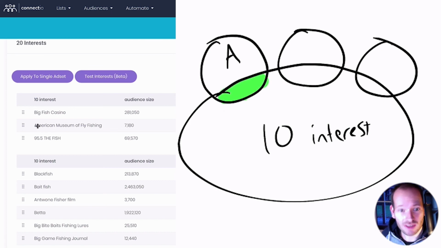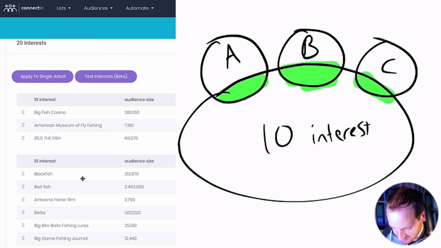Then the second ad set that's going to be created is targeting American Museum of Fly Fishing. Let's call that B. And the people who are going to be included in that audience are people who are interested in this and also inside this group. In other words, these people right here. And the same goes for the third one. So this ad set will target people who are interested in this as well as any of those 10 interests. In other words, this section right here.